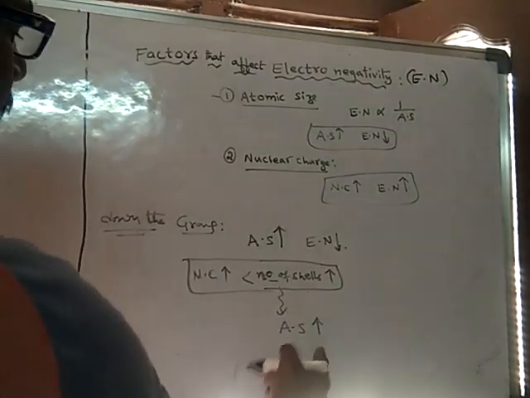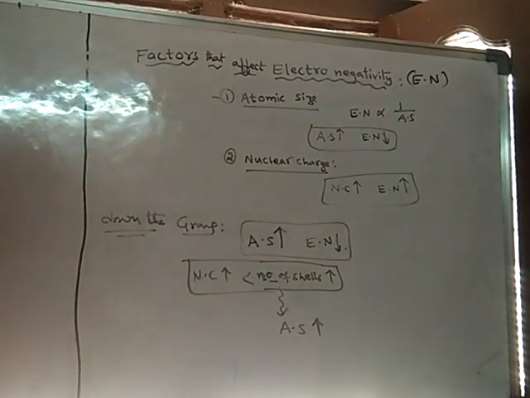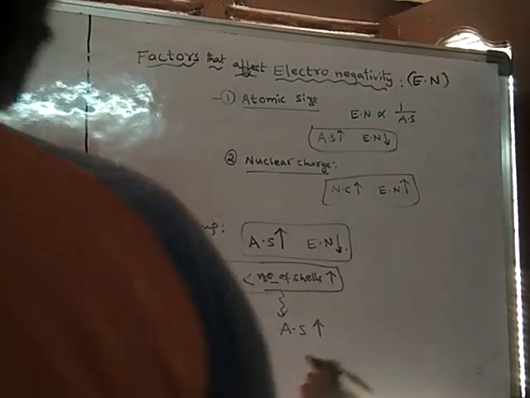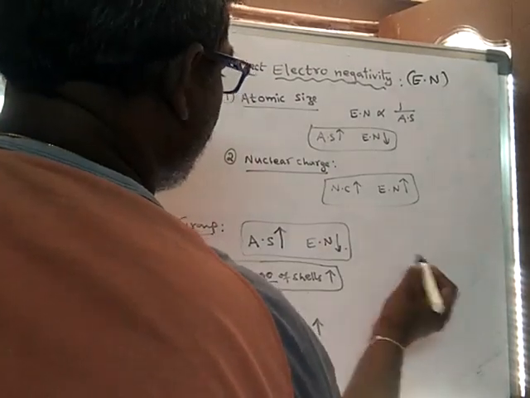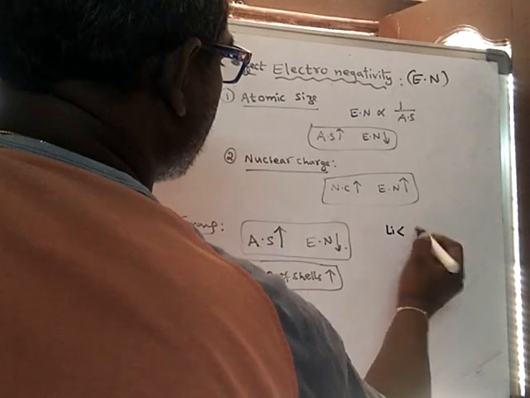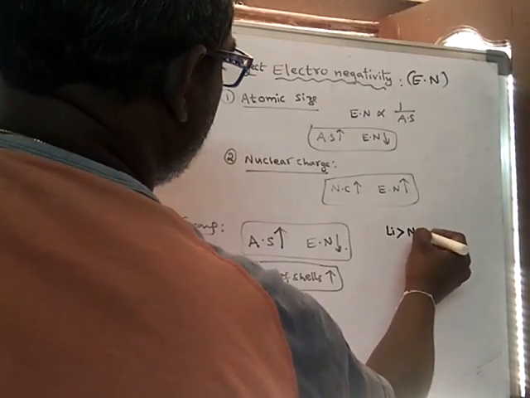So when atomic size increases, what happens? Electronegativity decreases. That is why, if we take any group, the electronegativity of lithium is greater than sodium.